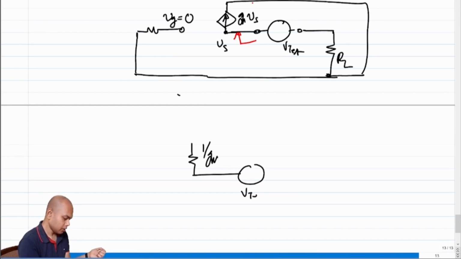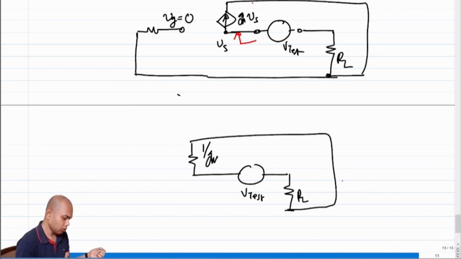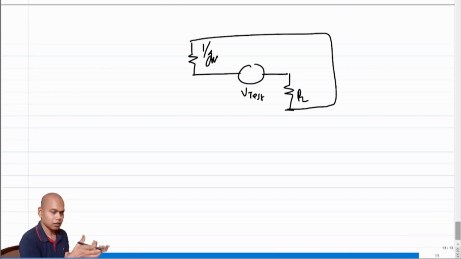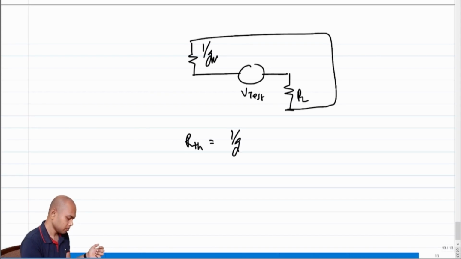This is V test. This is RL, and this becomes the loop. So what is the Thevenin impedance? RTH is 1 over Gm plus RL.